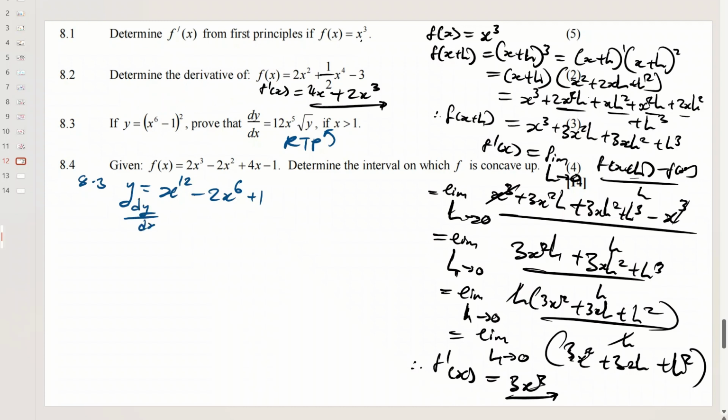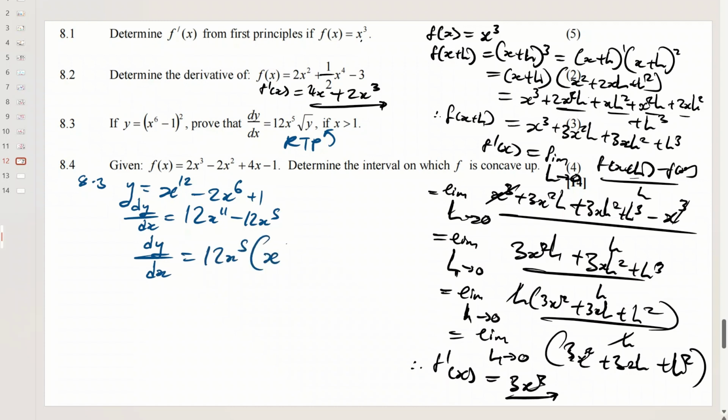So taking the derivative of this with respect to x, you'll have 12x to the 11 minus 12x to the 5. The derivative of the constant is 0 now. So now this is our derivative. Are we so close to proving that? Yes. So they simply took out the common factor, which is 12x to the 5.